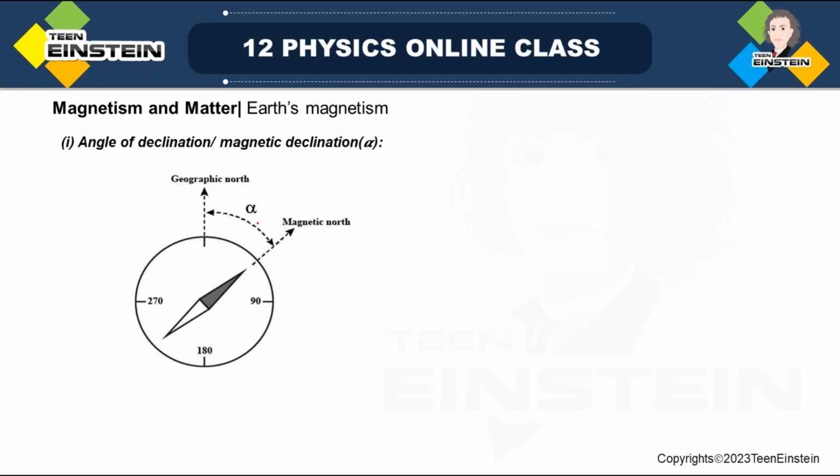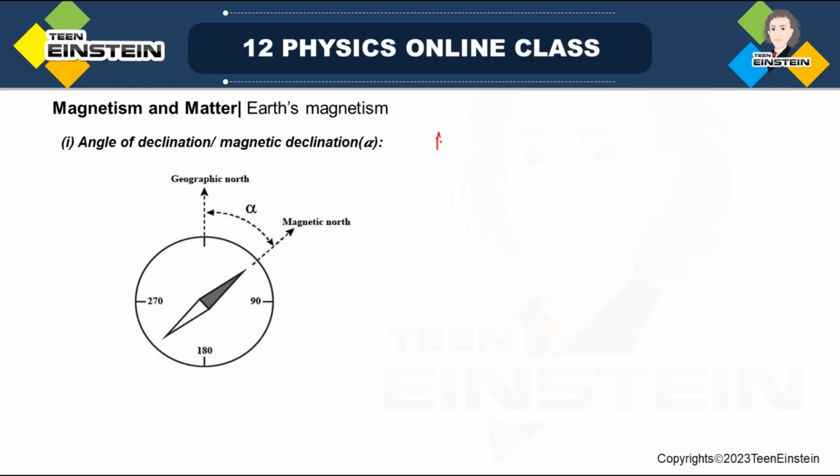As I discussed before, the geographic axis or axis of rotation of the earth and the geomagnetic axis are not coinciding with each other.